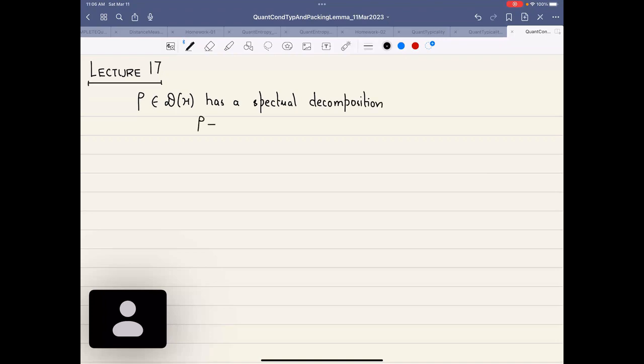Generally we write rho as the sum of lambda i, i equal to 1 to d. So what we are doing is writing the same thing with X as the set 1 to d, and instead of lambda i, I'm going to call it Px of x. There's no big difference, just the notation, but the notation helps us with the definition we had for typicality in the classical case.